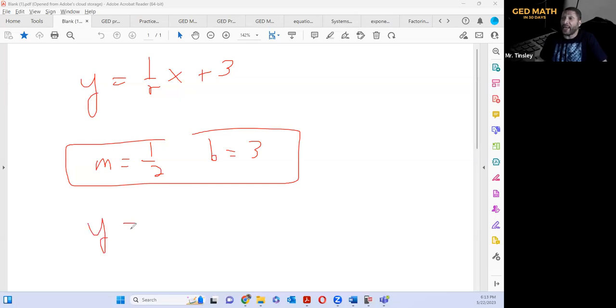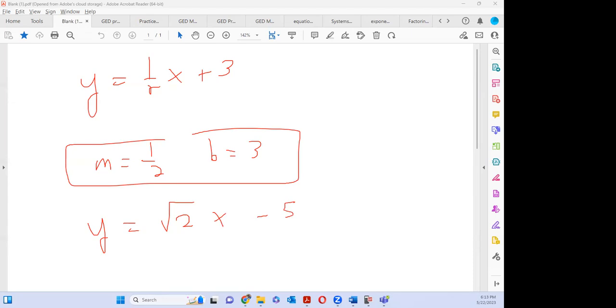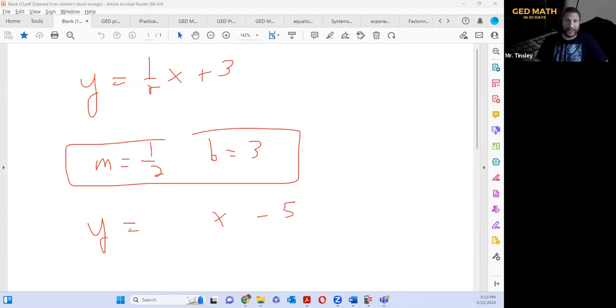If you said y equals square root of 2 times x minus 5, what you recognize is whatever is in front of that x is your slope. So even if I had a decimal right here, 0.52, my slope is 0.52. And that's what you got to remember.